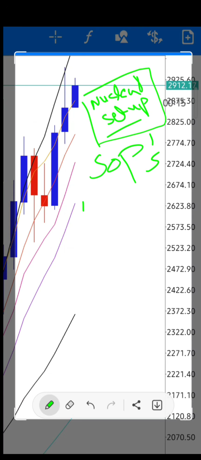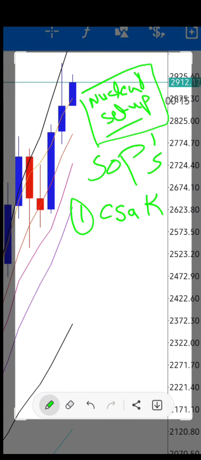The first one is you have to identify the CSAK. The CSAK, either buy or sell, depends upon the direction and the signal that you find. So the first thing is CSAK. It can be a buy, it can be a sell, it doesn't matter.